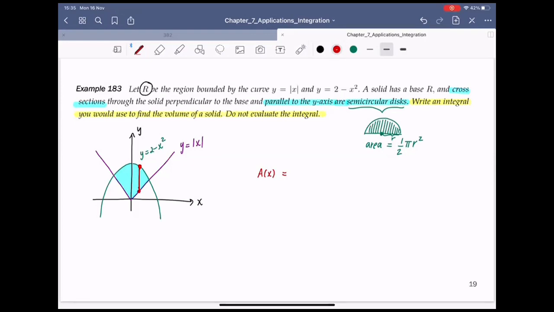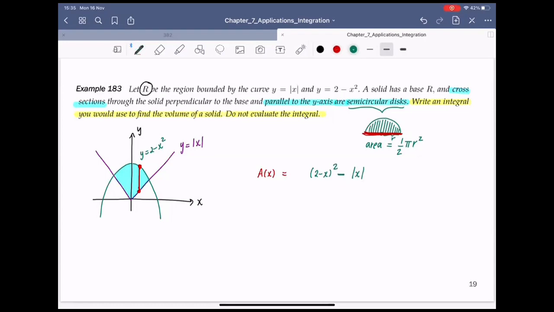This is going to be your diameter here. Does it make sense? Your diameter here, the red one, is going to be the top line minus the bottom line. So you have the top line, which is 2 minus x squared, and then you minus the bottom line, which is absolute x. This length is going to be the length of your diameter.